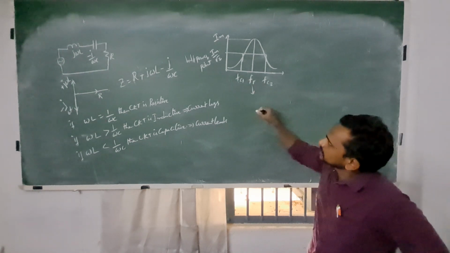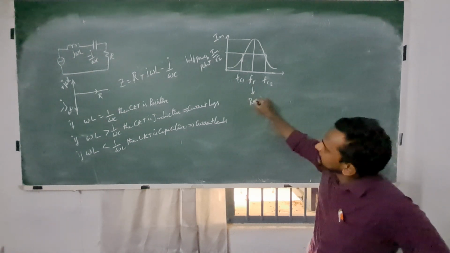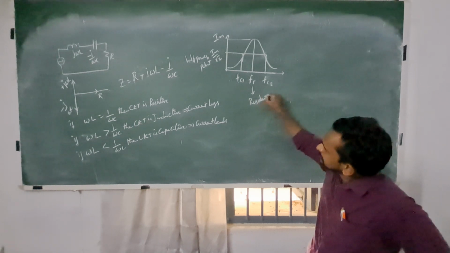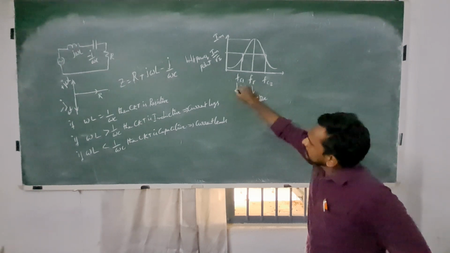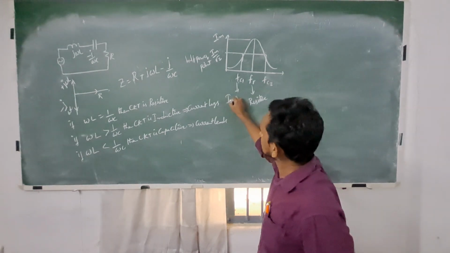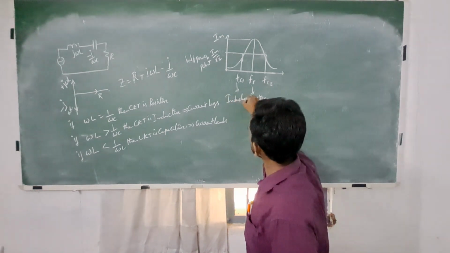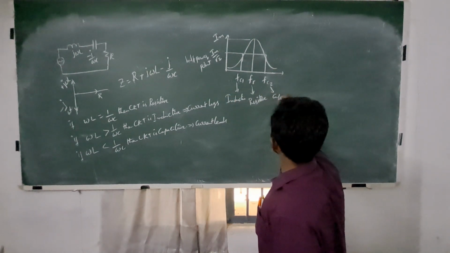At this resonance frequency, the circuit is resistive. Here it is inductive, and here it is capacitive.